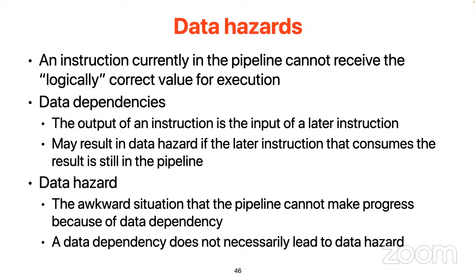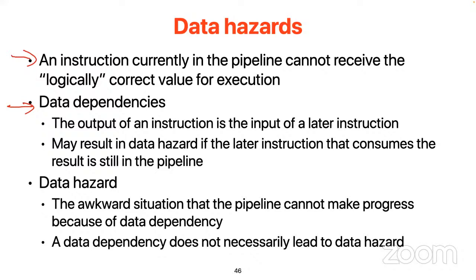Data hazard arises from data dependency. It means that an instruction currently in the pipeline cannot receive the logically correct value of execution. It doesn't mean it cannot receive a value, but it cannot receive the right value that generates the result the programmers want. A lot of us confuse the idea of data hazards with data dependency. Data dependency is the pure relationship between instructions in a program.